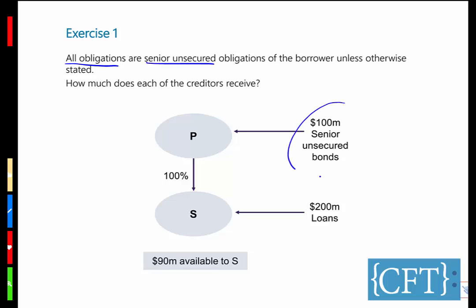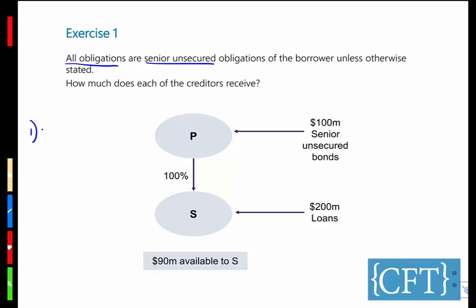So here is a bond, it is senior unsecured because it tells me. Here is a loan, it's senior unsecured because I didn't tell you. Later on, I will say something might be senior secured or subordinated. So that's the thing to remember first of all. All obligations are senior unsecured unless I tell you otherwise. Then secondly, we're going to have a system.